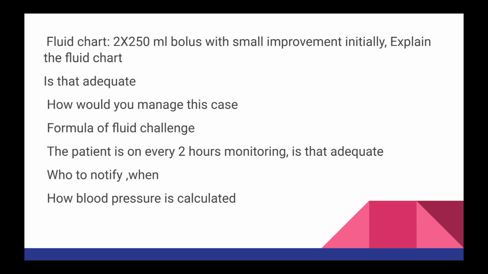No, formula for fluid challenge, not blood pressure. So it is 10 to 20 ml per kg. Yes. So in cardiac patients we can give 5 ml. In normotensive patients we can give 10 ml. In hypotensive patients we can give 20 ml per kg.